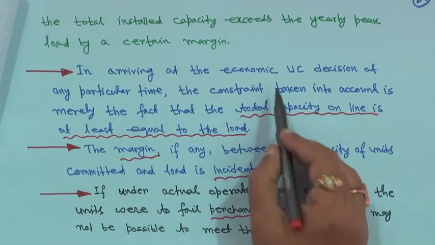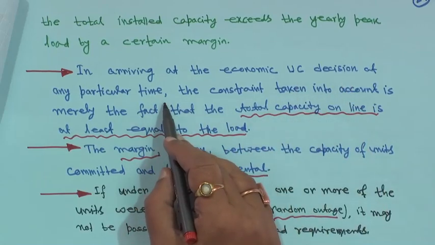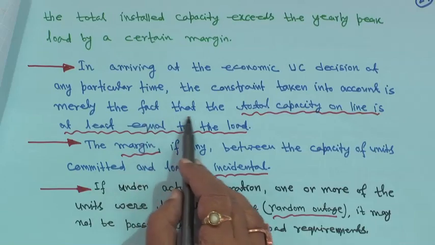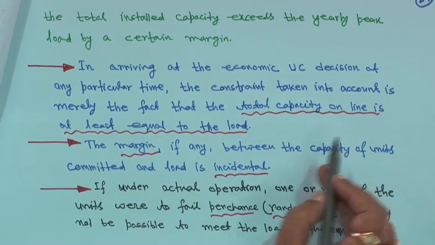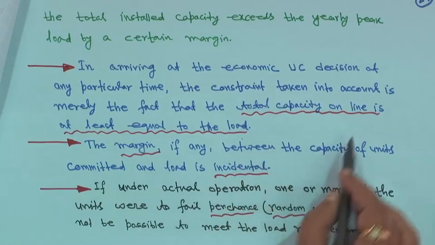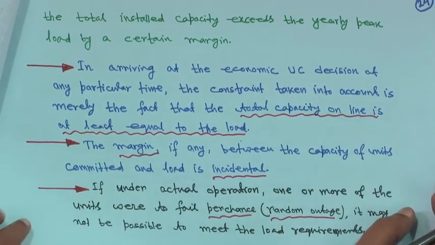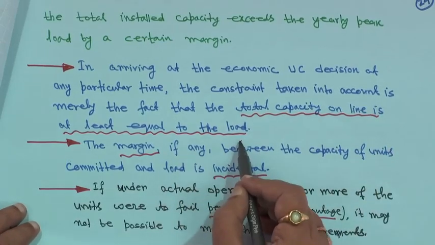In arriving at the economic unit commitment decision at any particular time, the constraint taken into account is merely the fact that the total capacity on line is at least equal to the load. Total capacity on line means the generators that are connected and generating power must at least equal the load.